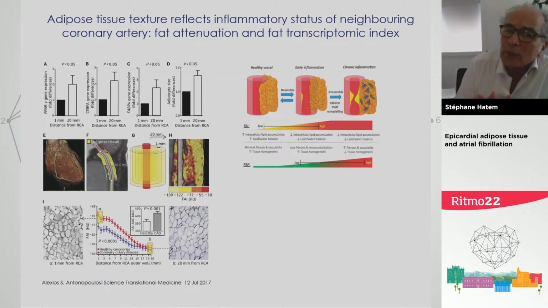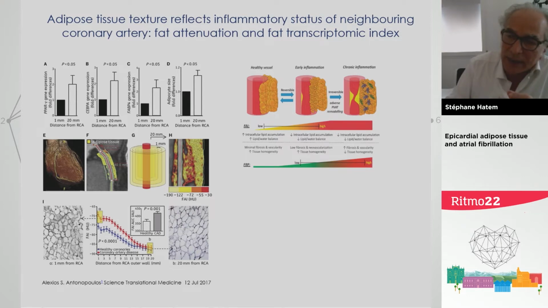So now, in clinical practice, how can this be translated? We're not in the atria, but in the coronary artery. This is a very elegant work done by the group at Oxford of Charalambos Antoniades.